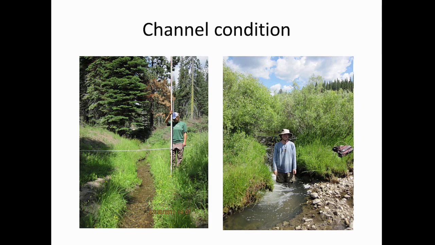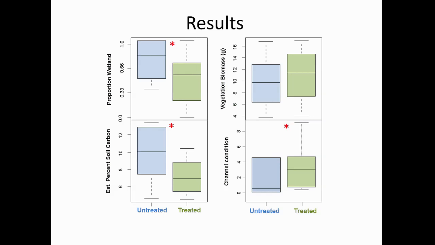In terms of proportion, wetlands are up on the top left. Our untreated sites scored higher than our treated meadows, most of which were pond and plug. Soil carbon also was higher in the controls.